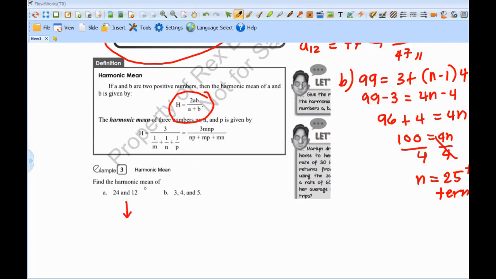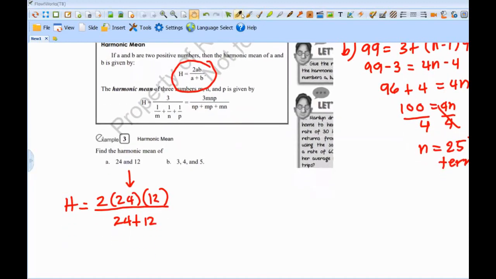H is equal to 2AB over A plus B, so 2 times 24 times 12 over 24 plus 12. So get the answer on your calculator, then you can get the harmonic mean.